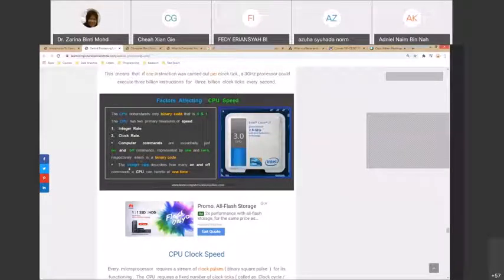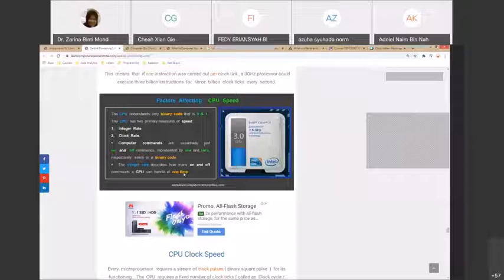Okay, so you can see here, it describes how many on and off commands a CPU can handle at one time. So let's say if you read through the CPU specification, it says that this is a 32-bit processor, for example. So meaning that at one time, dia boleh process 32-bit at one time.